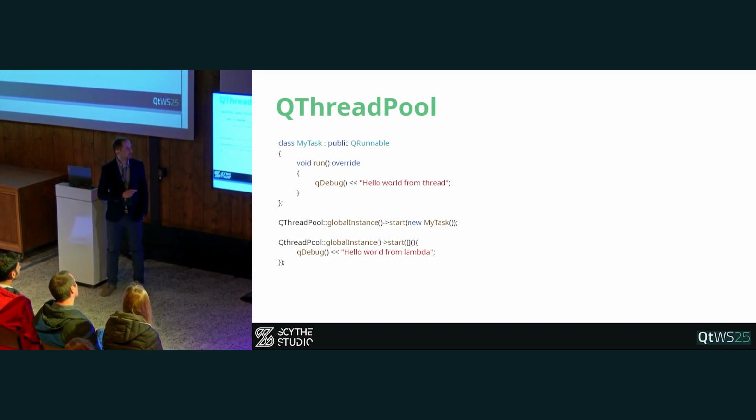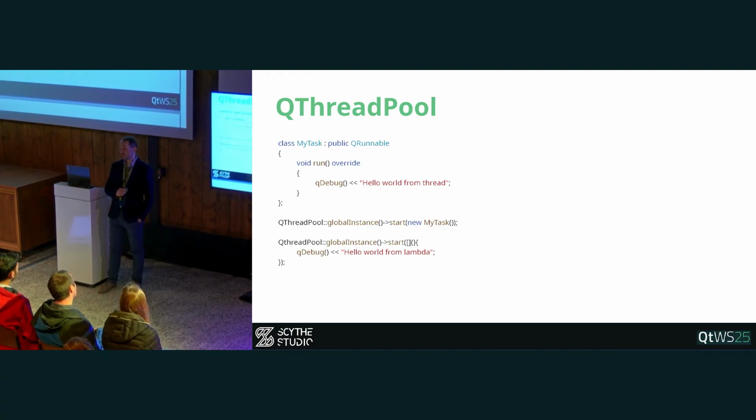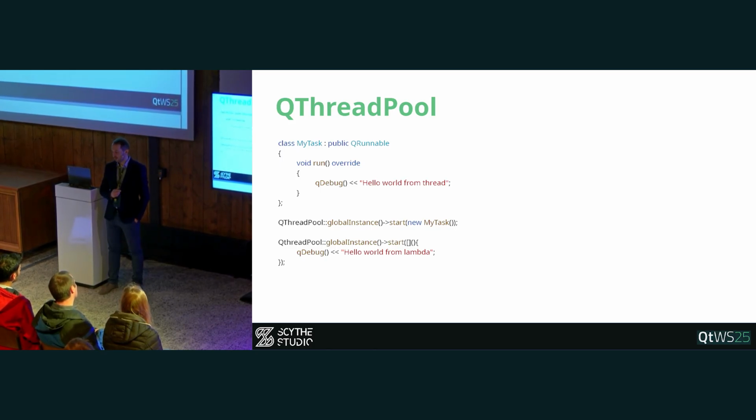Another way of threading in the Qt framework is to use QThreadPool. In this case, you don't have to manage your threads yourself, because QThreadPool, as the name suggests, has a pool of threads, and it manages the threads for you.